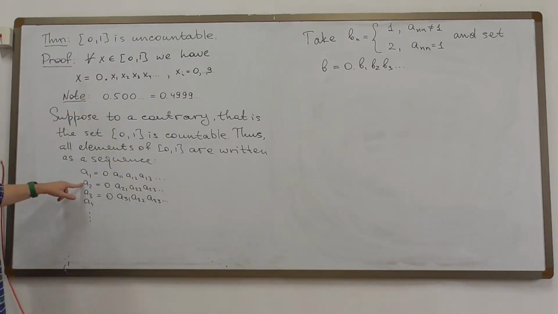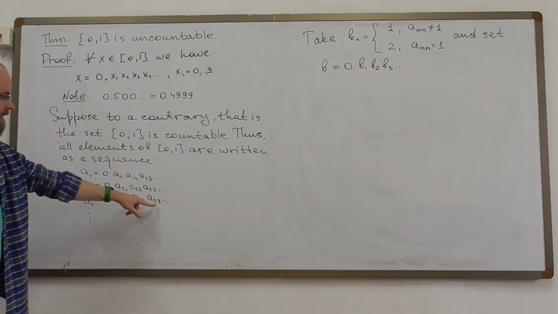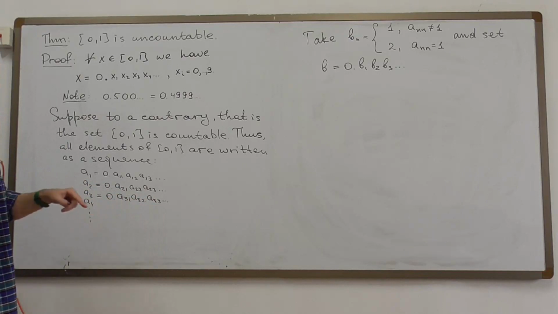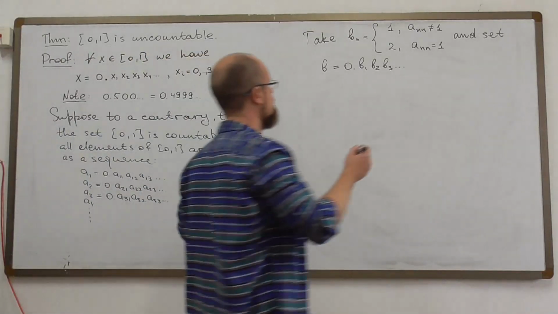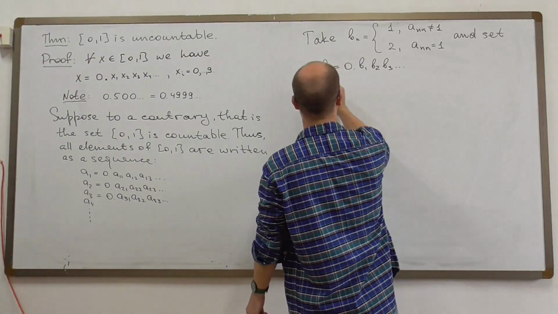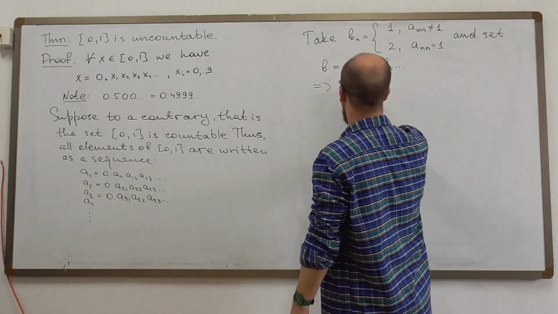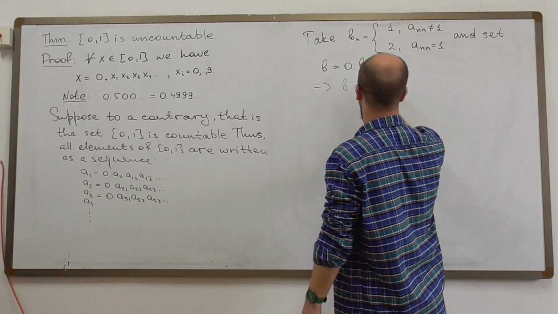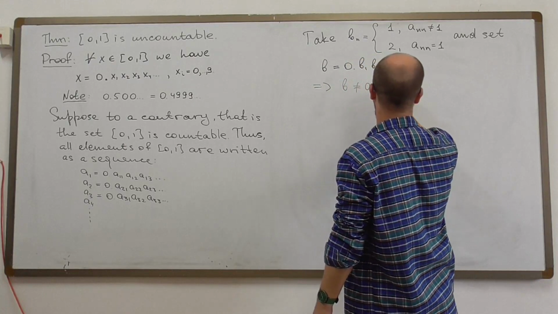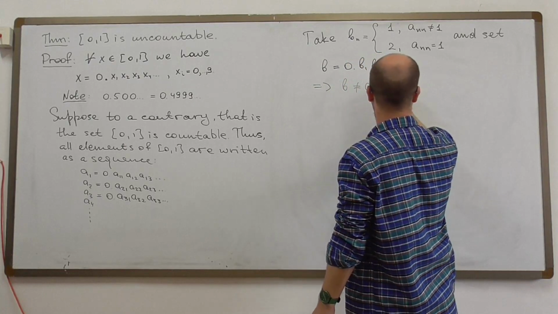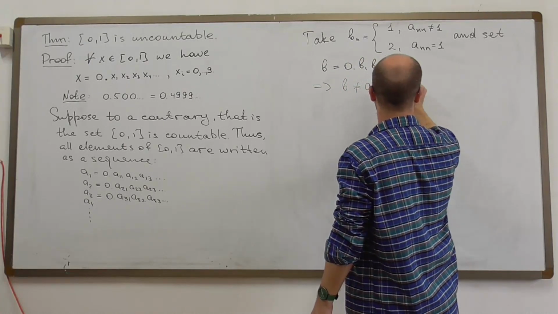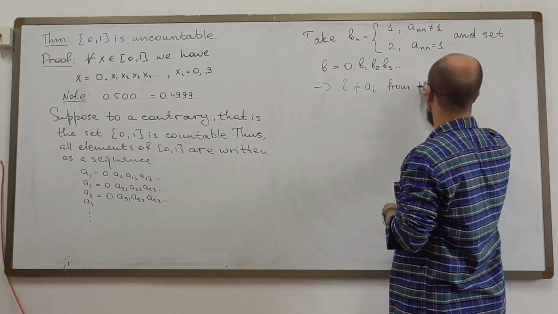So B does not equal A2. Similarly for A3, A4, and so on. With B constructed like this, we conclude that B does not equal any of the Ai's from that list.